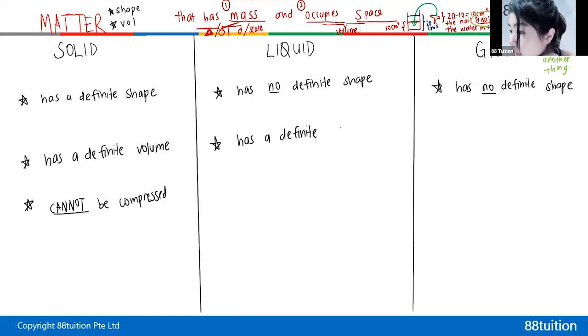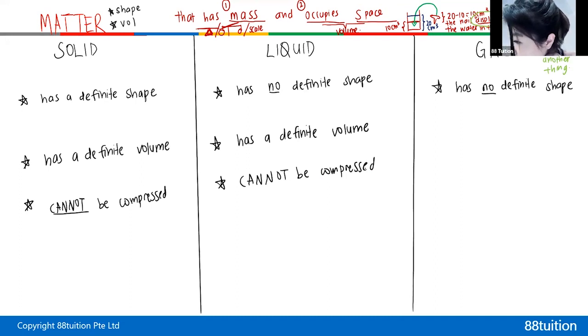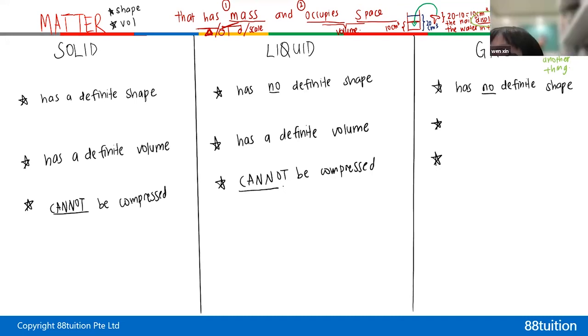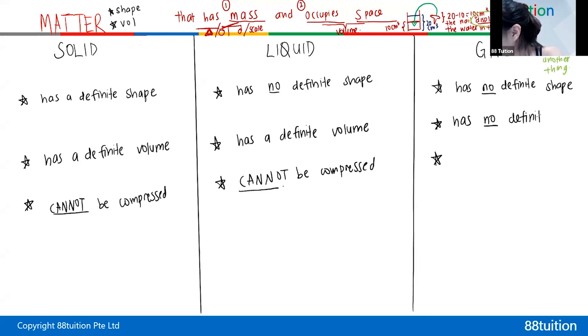So liquid also has a definite volume, which means same thing, cannot be compressed. Let's move on to gas first. Finally, does gas have a definite volume? No. Very good. So gas is the only one that has no definite volume, meaning that it can be compressed.